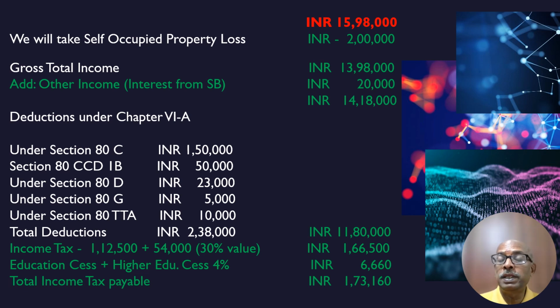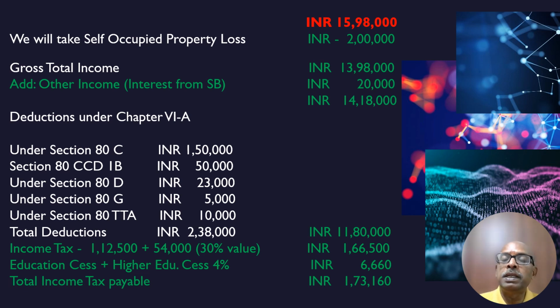Now we have seen salary income and income from house property. Now we are trying to see other income. Other income includes interest, dividend, everything. So you add here. Here the person has reported 20,000. You add that. I have put SB account because a savings account has one relaxation under section 80TTA for people who are below 60 years.